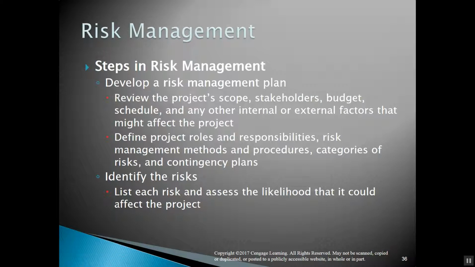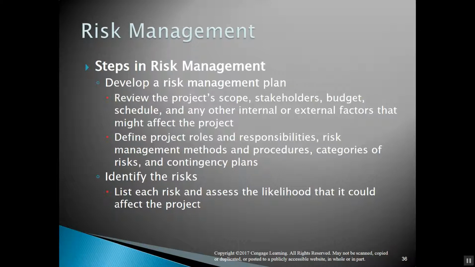Now, one of the things we need to take into consideration is risk. Depending on the organization, risk usually deals with insurance. But in this instance, we're not talking about insurance when we say risk management. We're looking at things that could have a negative impact on the project. Things that could change the scope, impact the success, or change the duration in a negative way.